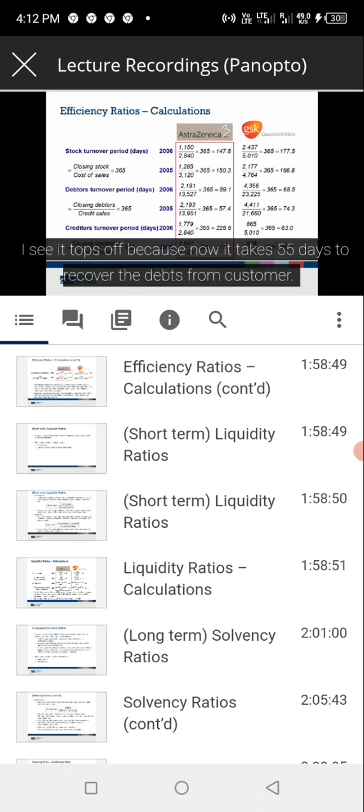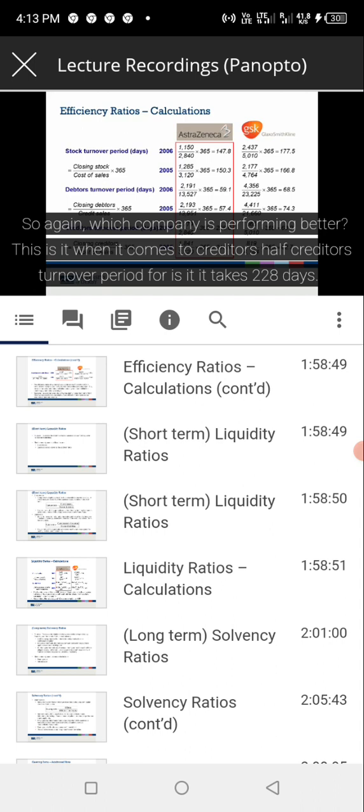And in terms of debtors, it takes 59 days to recover their debt from customers, while GSK takes 68 days to recover their debt from customers. So again, which company is performing better? AZ.